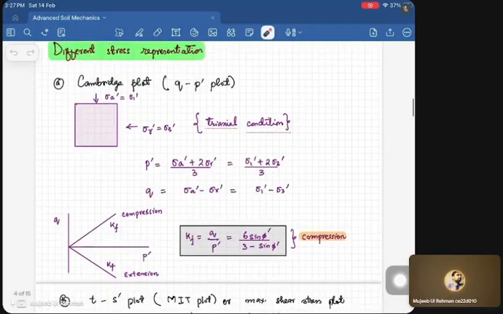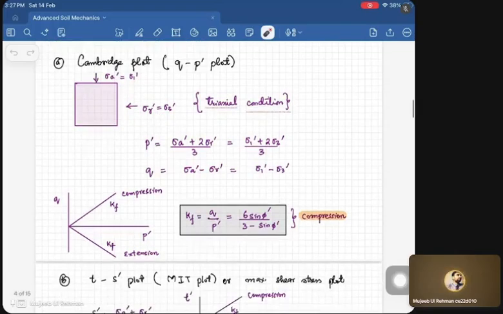Now, P dash, which is the mean effective stress, is given by sigma A dash plus twice sigma R dash, divided by 3. In the compression case, sigma A is equivalent to the vertical stress, sigma 1 dash, and the radial stress is sigma 3 dash, so P dash will be sigma 1 dash plus twice sigma 3 dash, divided by 3.